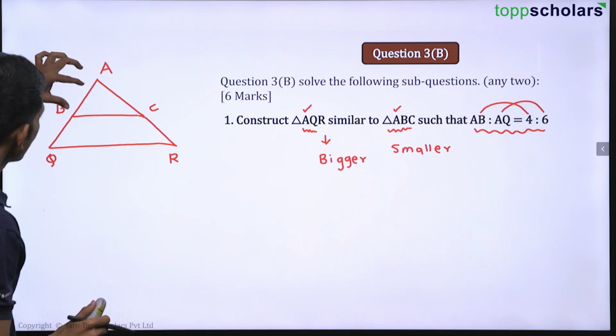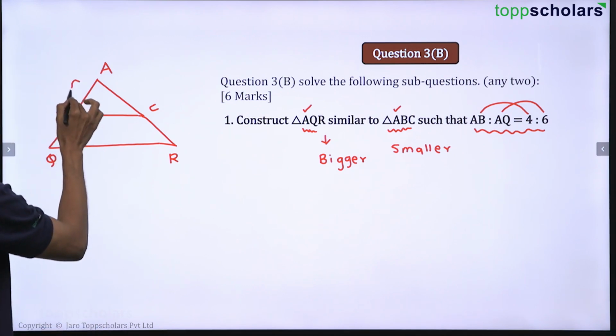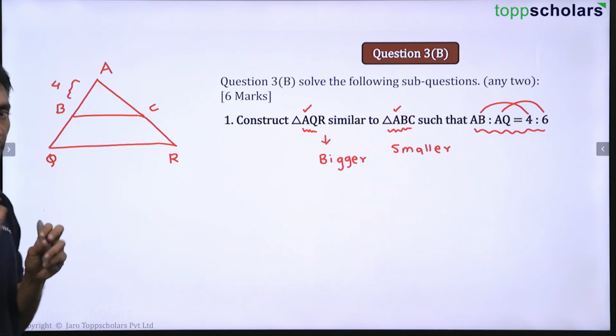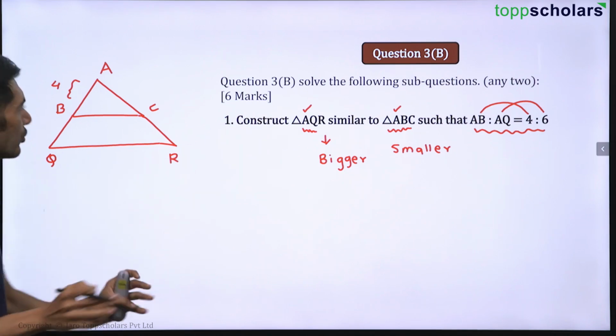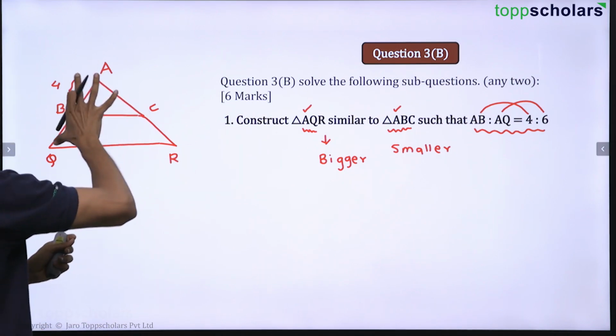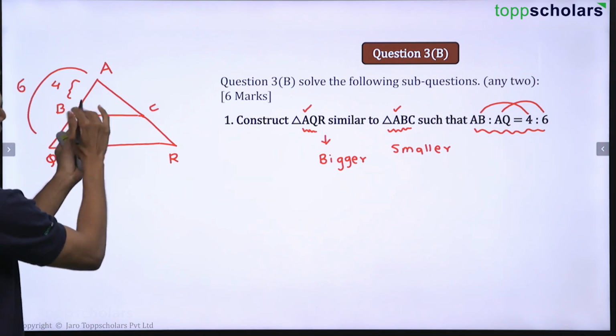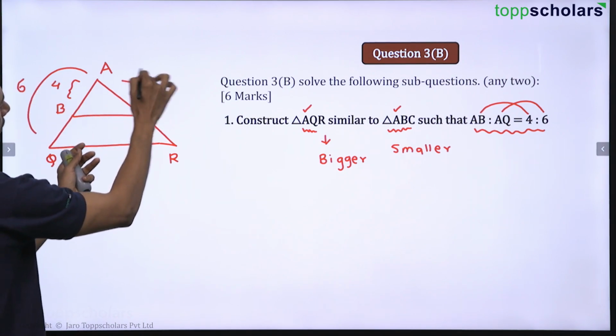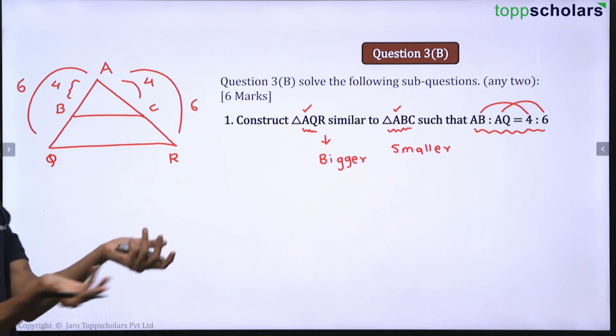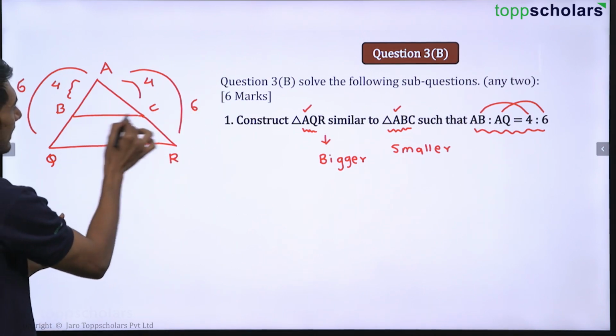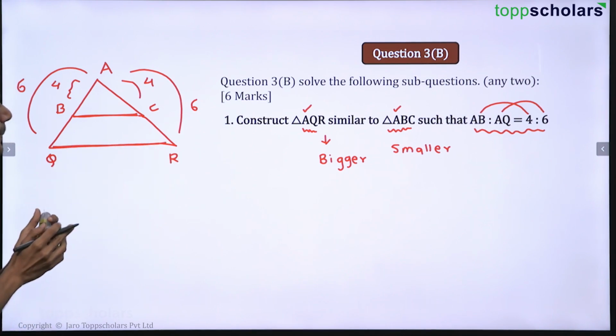So AB is to AQ. If AB is 4, 4 does not mean it is 4 centimeter. It is just the ratio. If this is 4 parts, AQ is 6 parts, which is slightly bigger. And here also the ratio follows. If this is 4, this is going to be 6, because the two triangles are similar, of course. And then this line and this line should be parallel, correct? Then only the two triangles will be similar.